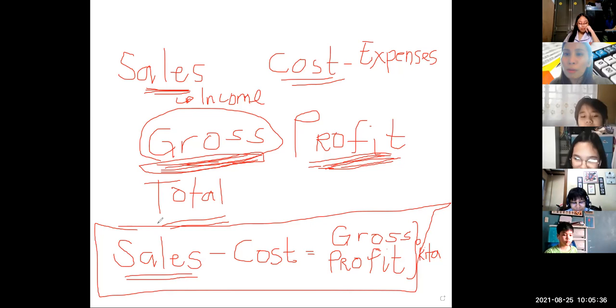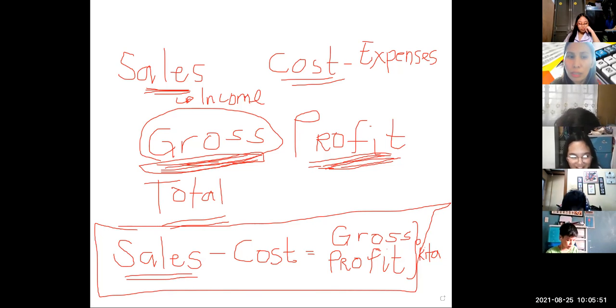Kung may family business kayo, ganyan din yung formula na ginagamit nila. Kapag wala namang business, you can apply it to yourself. Sa bahay, maa-apply yan. Yung sales, yan yung sinesweldo ng parents nyo. Ima-minus lahat ng gastusin sa bahay, equals gross profit or yung total lang na kinikita, yung total na natitira.